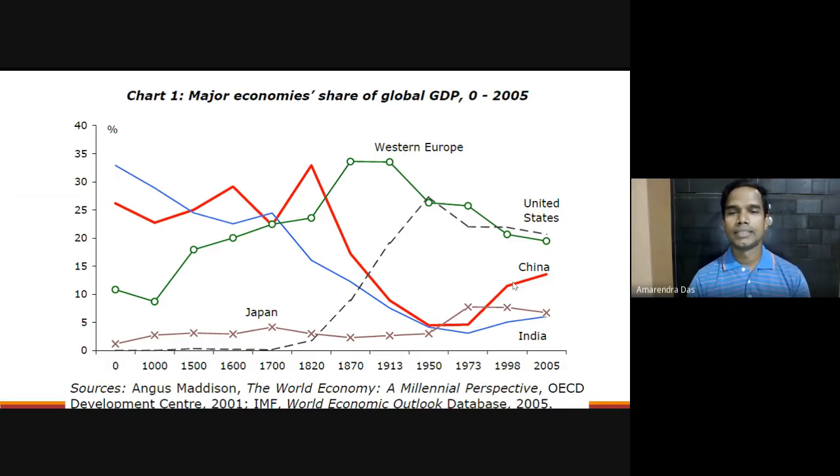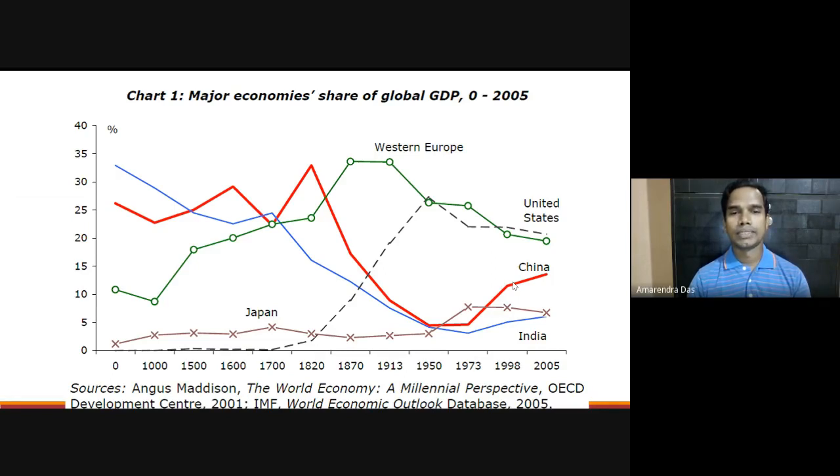After 1973, we see a little rising trend. So what we see is that India's share in the world GDP fell from 33 percent before the Mughals came, before the British came. In fact, before the Mughals came, India's share in the world GDP was 33 percent, and by the time the Mughals came to India, it had fallen to less than 25 percent.